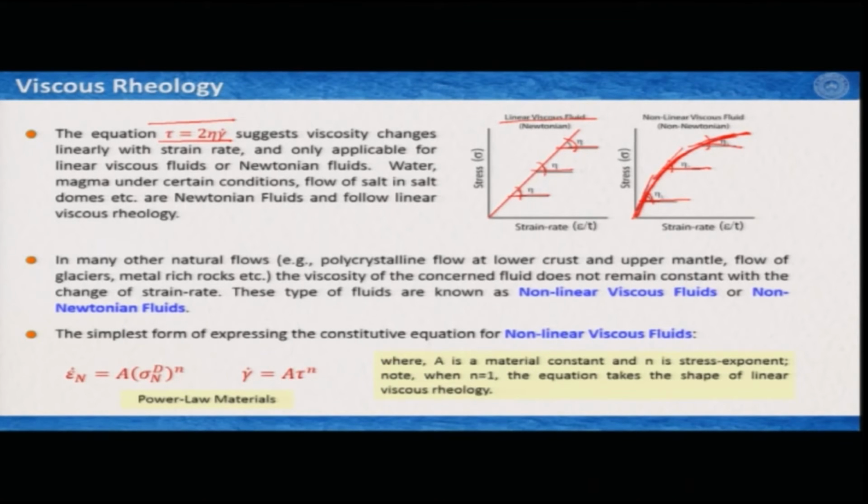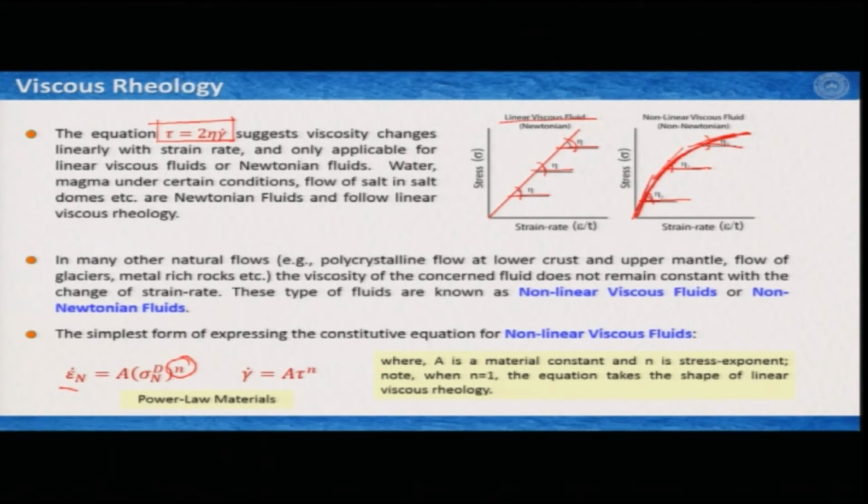So, to figure out a constitutive equation for non-Newtonian fluids, you can clearly understand that this linear equation is of no use. So, we introduce a new kind of equation where strain rate is related to stress with some sort of exponent, and in this case this exponent is n and it is known as the stress exponent.